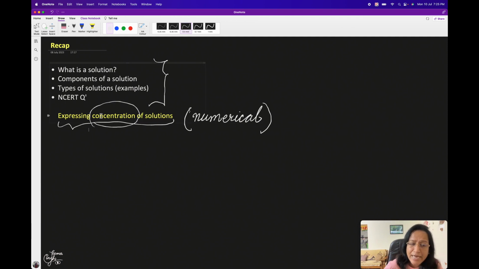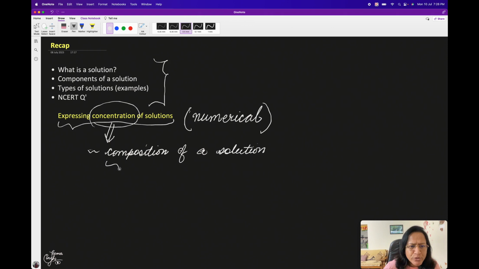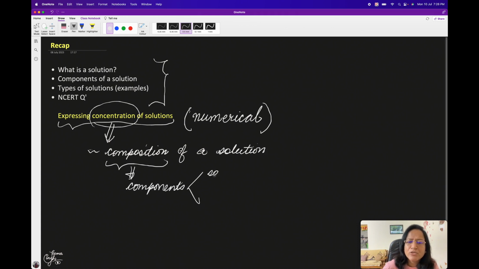Now, let's begin by understanding what we mean by expressing concentration of solutions. Concentration is similar to knowing the composition of a solution. Composition means components, which we did in our last class. There are two components of a solution, namely solute and solvent.